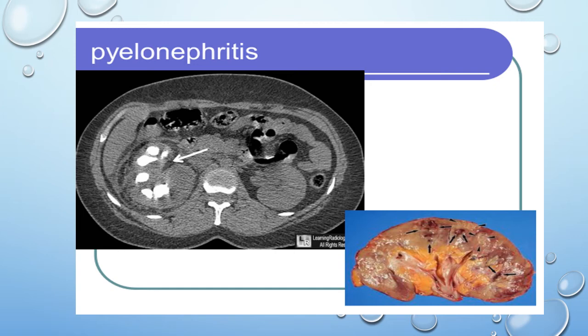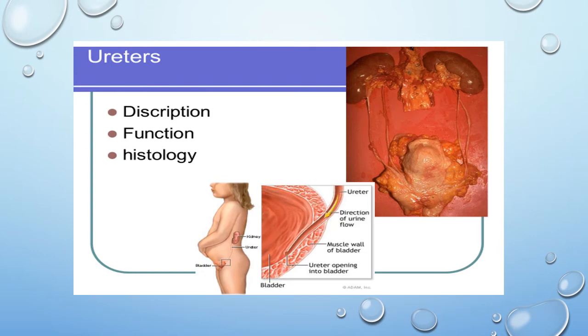Okay. Now we're moving from the kidneys and working our way down. We have two slender tubes. Each runs behind the peritoneum, and they run from the renal hilum to the posterior backside of the bladder. These ureters are basically passageways that carry urine from the kidneys to the bladder.